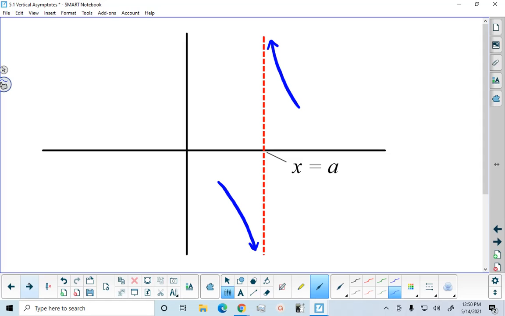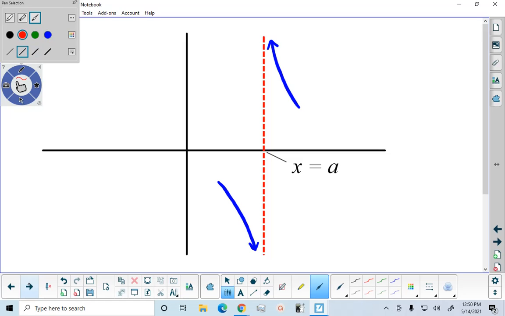It must look like that. It doesn't matter what it looks like anywhere else. And what's very important for you to understand here is we can describe this behavior in terms of limits.